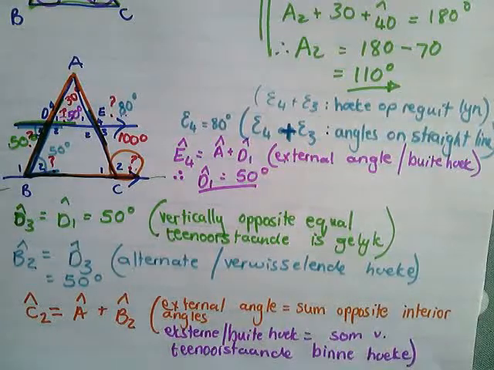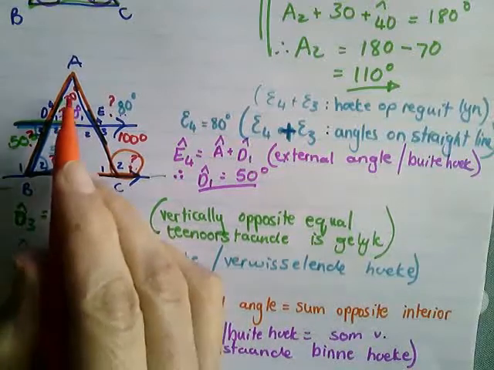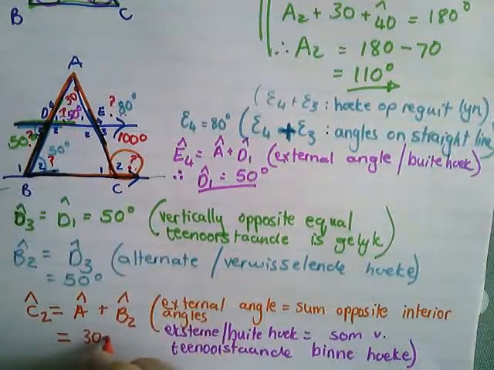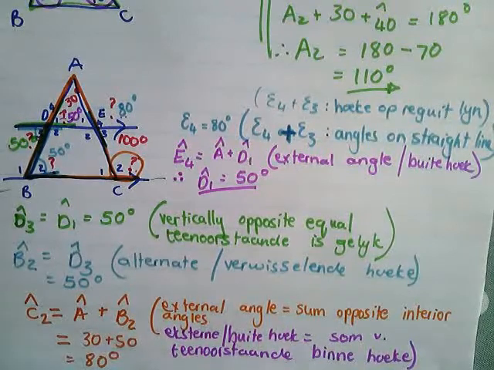Dis jou rede. Okay. So C2 is then equal to 30 plus 50, which is 80 degrees.